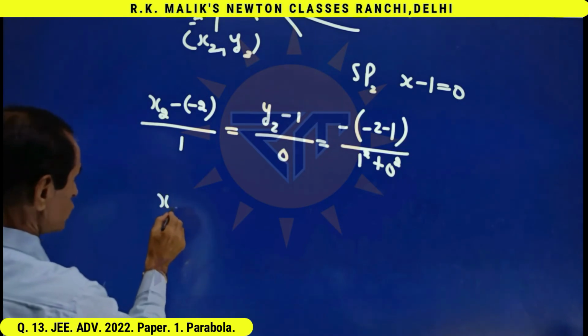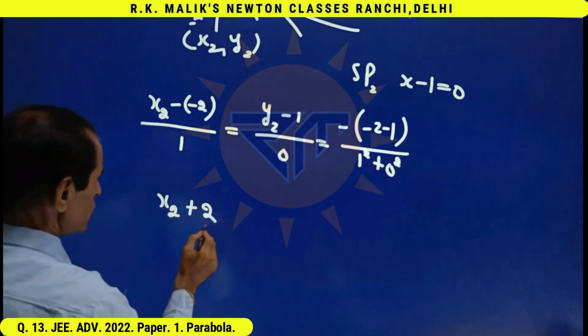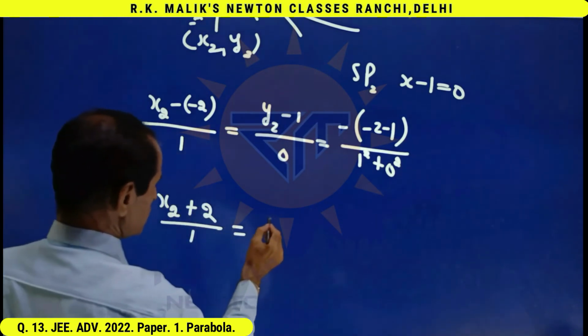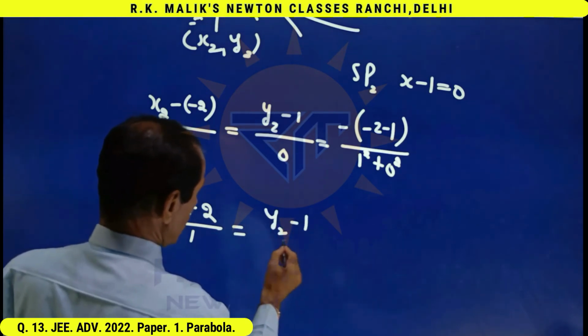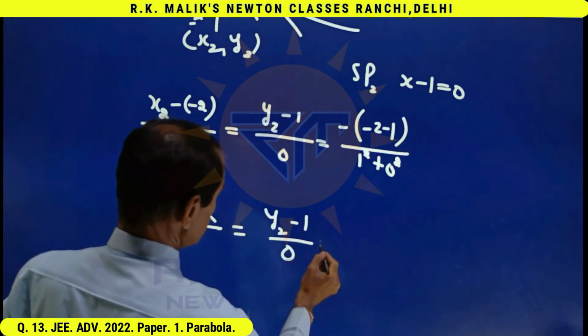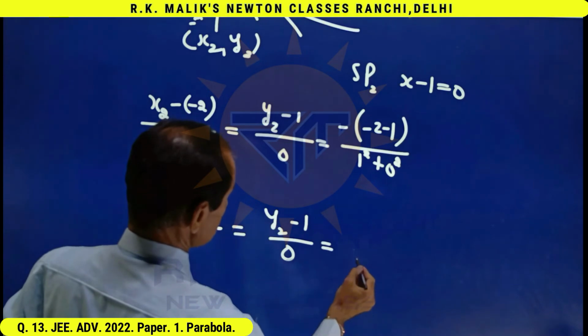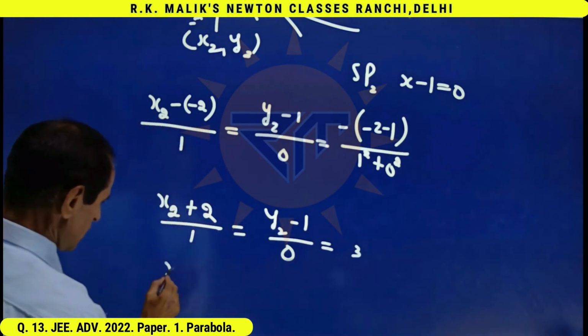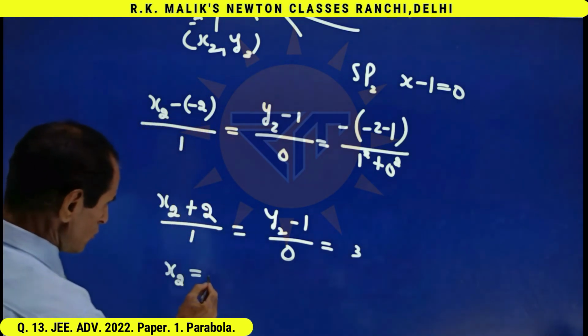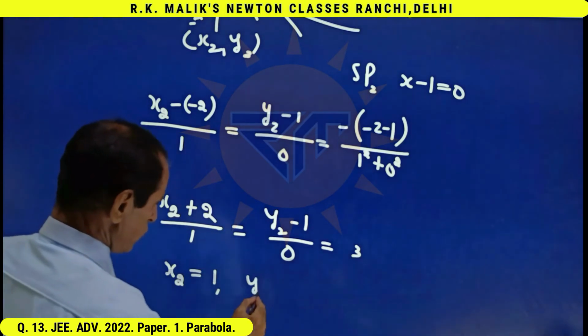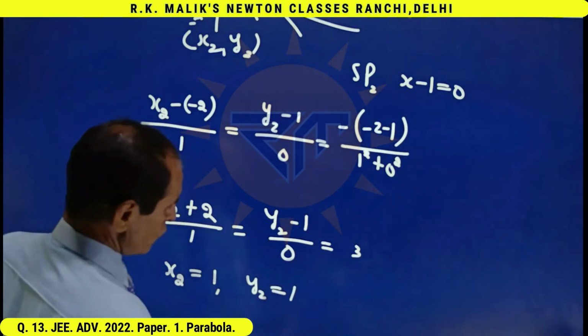That is, I get (x2 plus 2)/1 = (y2 minus 1)/0 = 3. That is, x2 is equal to 1 and y2 equal to 1.